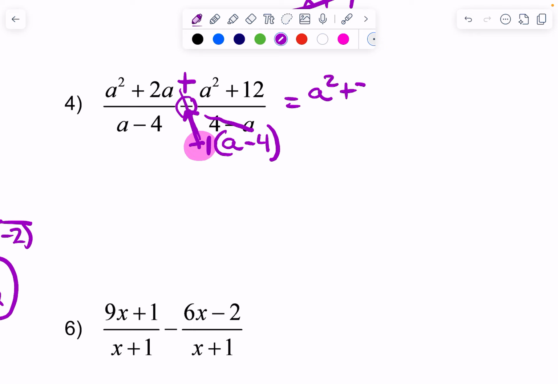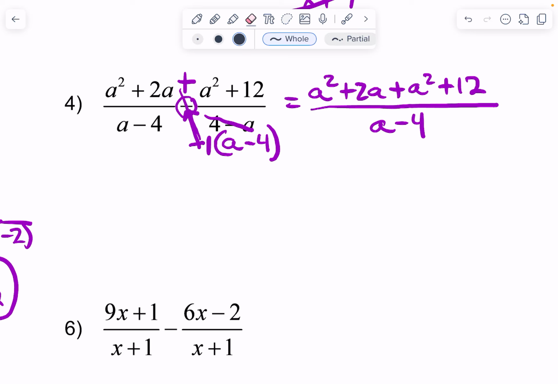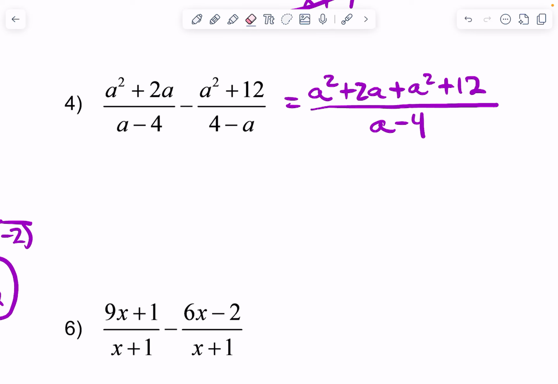So I got 2a squared plus 2a plus 12 now over my a minus 4 denominator. So again, one more time, real quick. I noticed that a minus 4 and 4 minus a are not the same. So I went ahead and factored out a -1 from this 4 minus a.